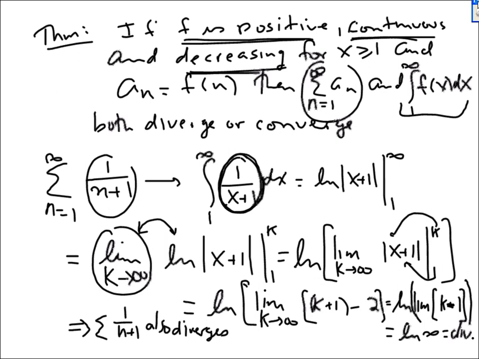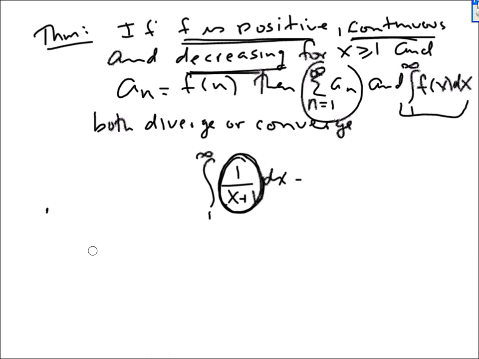So we'll hold off on my conclusion, because 1 over n plus 1 may not have been a candidate. So we're going to assume that f of x is 1 over x plus 1, and we're only talking about x greater than or equal to 1.